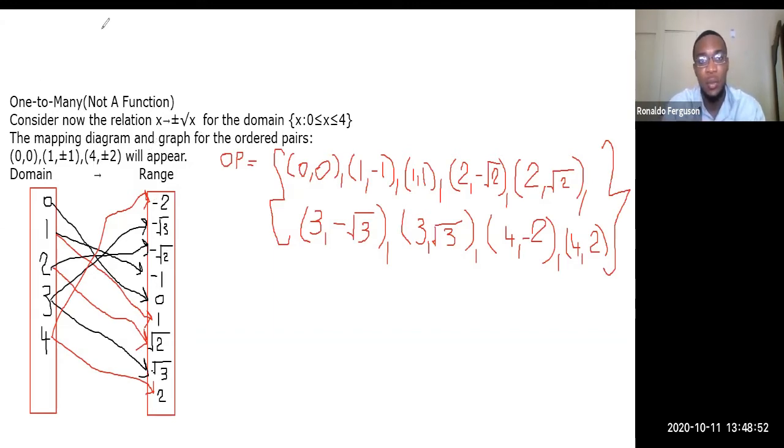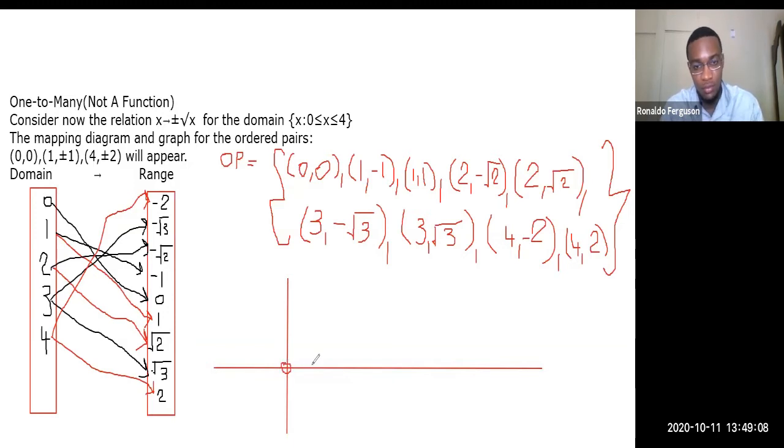All right, so let's say we wanted to sketch the graph. So you draw your x and your y axis. You start with 0, 0. Then when x is 1, you get y equal to 1, and also y equal to -1.